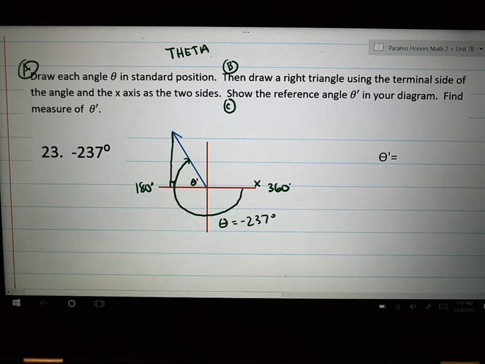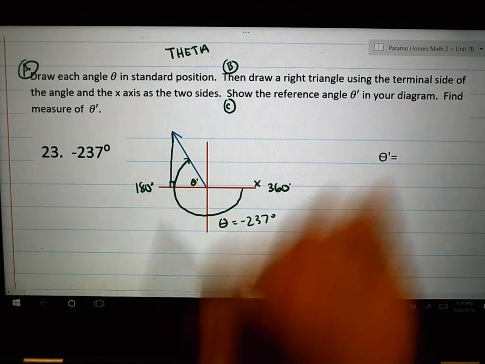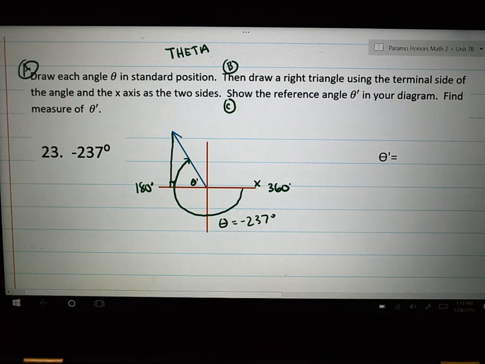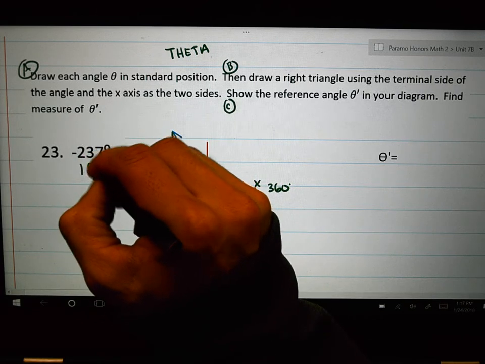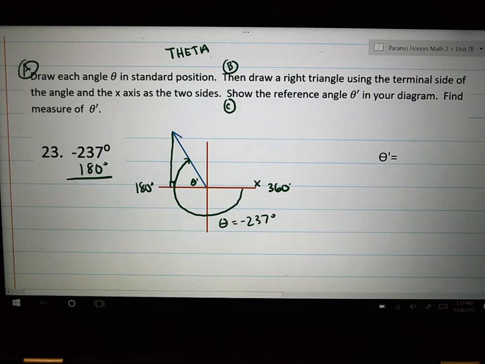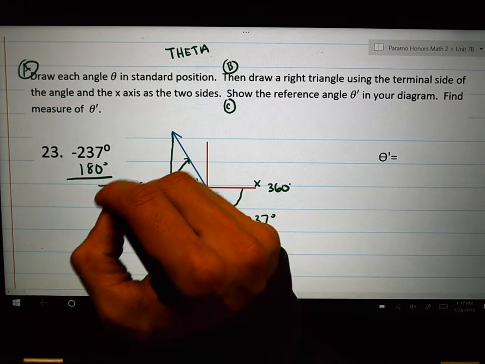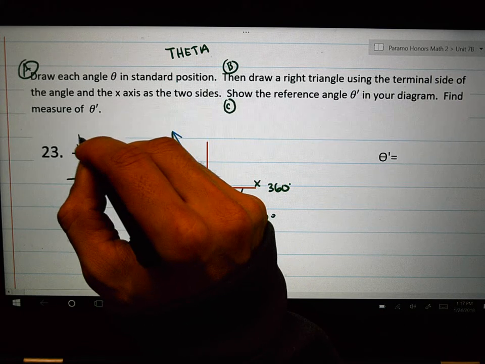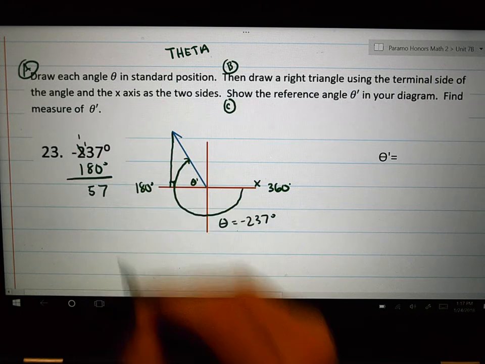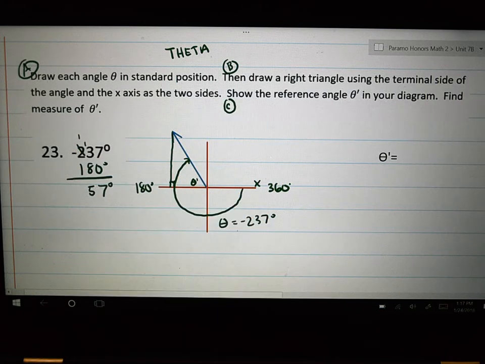How much further past the 180 did we go? As you think about that, think about the math that you could do to figure out how much further you went than the 180. Did you go 57 degrees past?